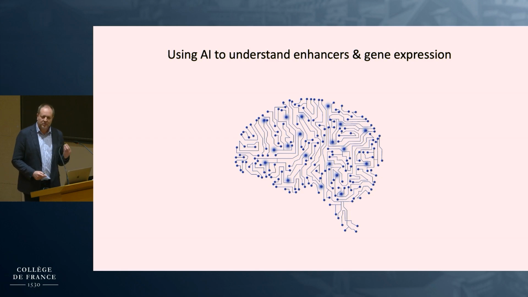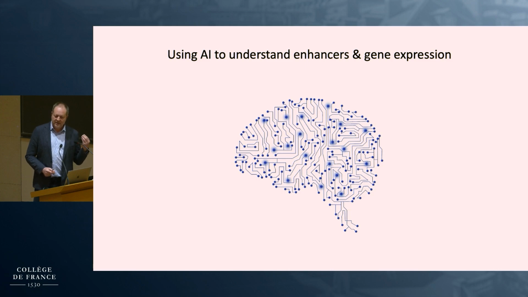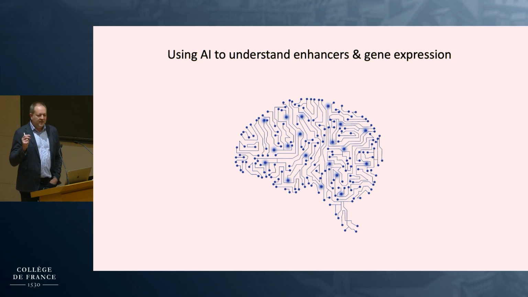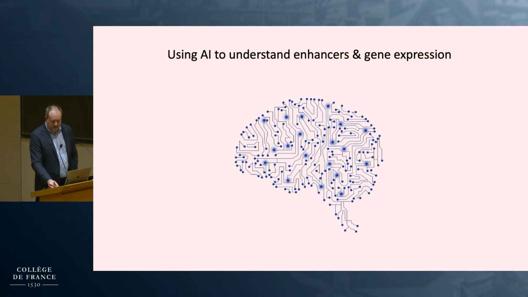And I agreed that this would be worth a try, to see whether these advanced models could help decipher this very complex enhancer coding rules. But there was just one problem, and that problem is that you need extremely large amounts of data to train these models. The more complex the model, the more data you need for training.